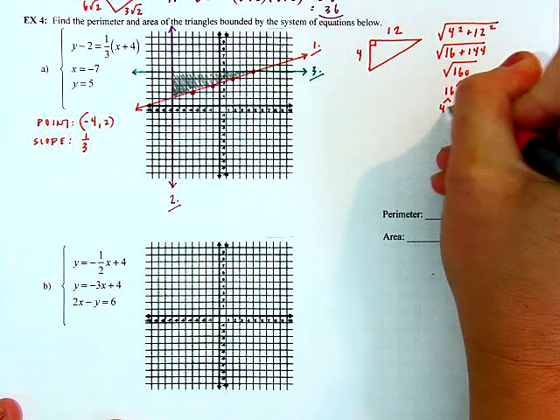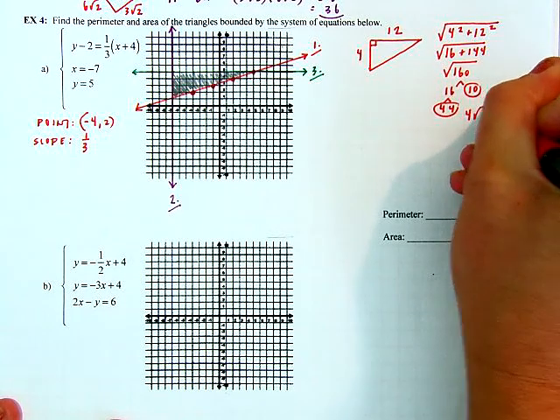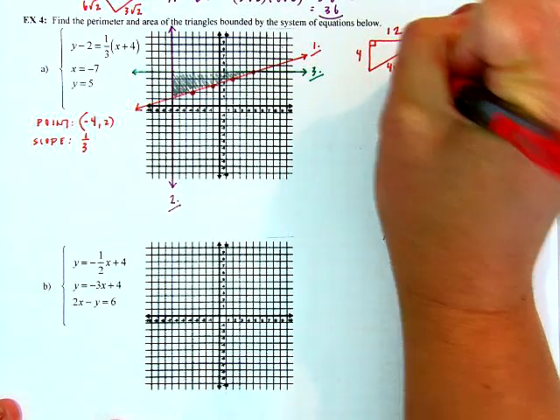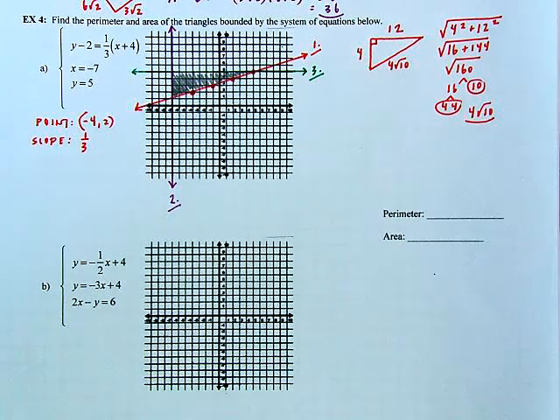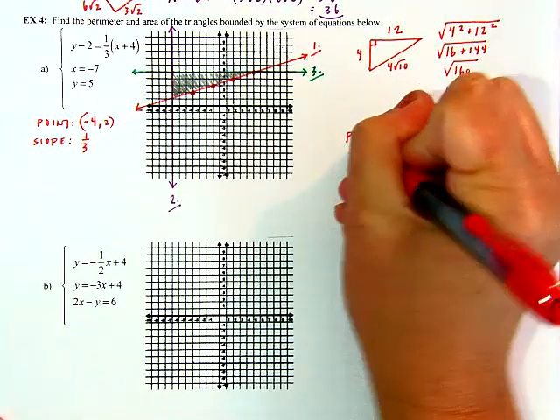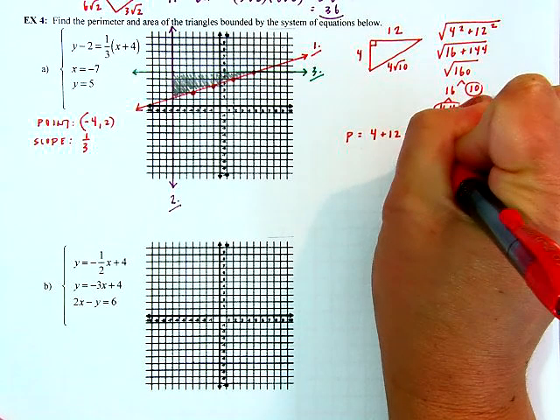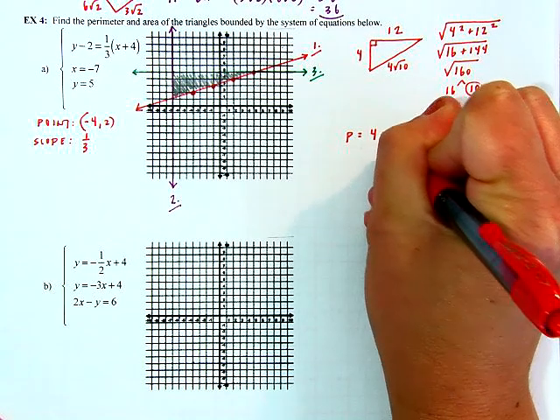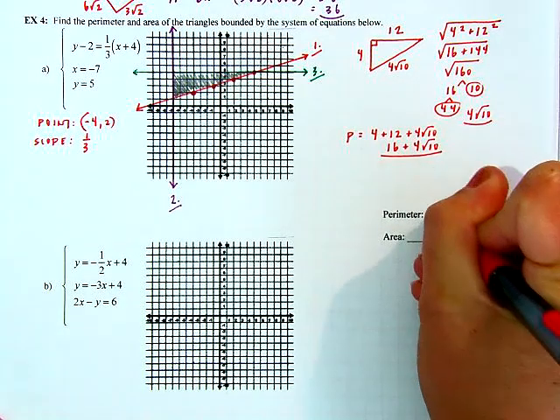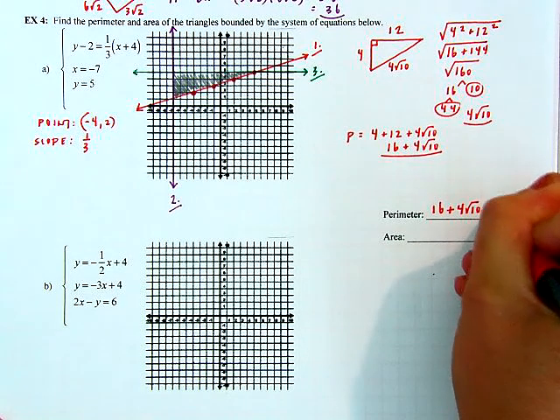Here's my beautiful pair of 4s, no pair of the same in 10, so 4 root 10 right here. Okay, so I know all of my sides. For the perimeter, I'm just adding the 4, the 12, and the 4 root 10. So I get 16 plus 4 root 10. So perimeter is 16 plus 4 root 10 units.